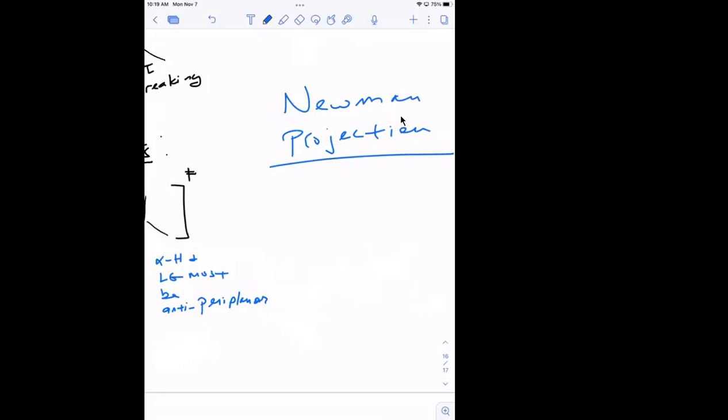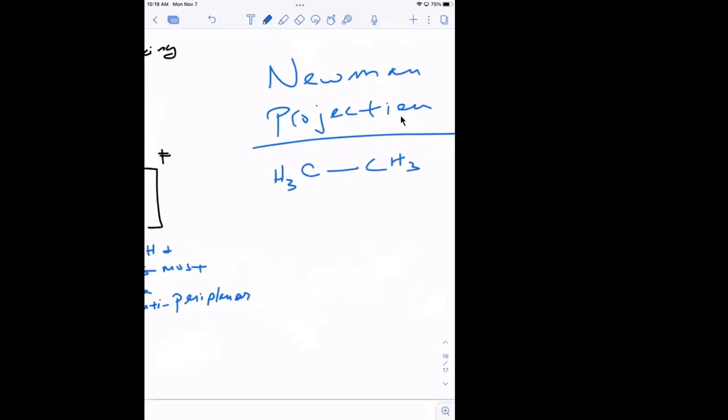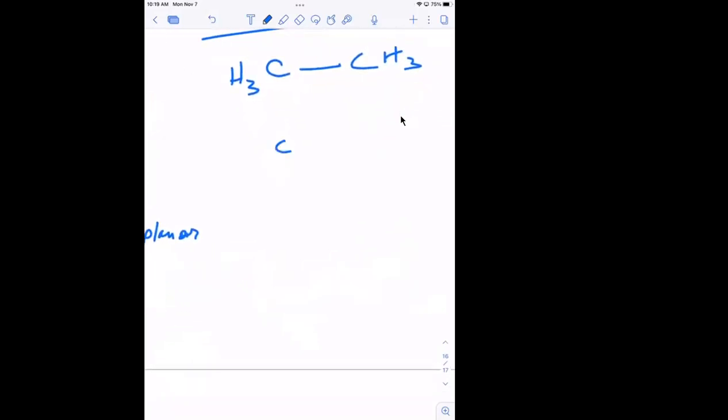So if I have two carbons that look like this, over on CH3, if I wrote those out like this and show the geometry of the carbon, which is tetrahedral, we learned that way back in August.